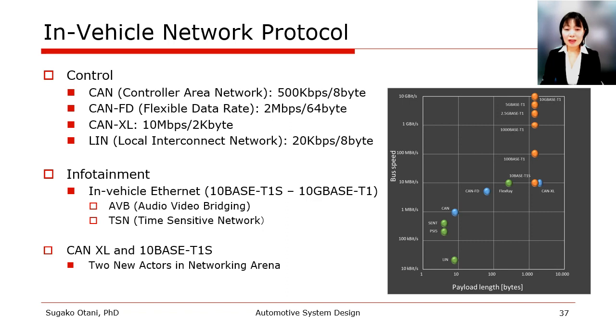To achieve low latency and the QoS requirements of automotive applications, IEEE has enhanced the AVB specification set and published it under the name TSN, Time Sensitive Networking. The TSN specifications achieve bounded latency and reliable networks. So, CAN XL and 10BASE-T1S are two new actors in the networking arena.